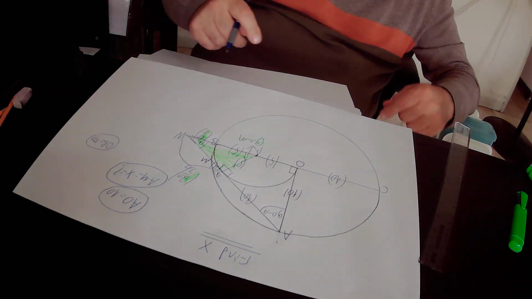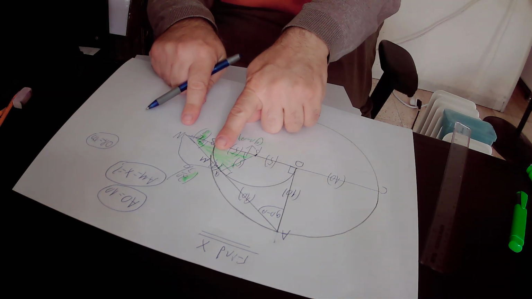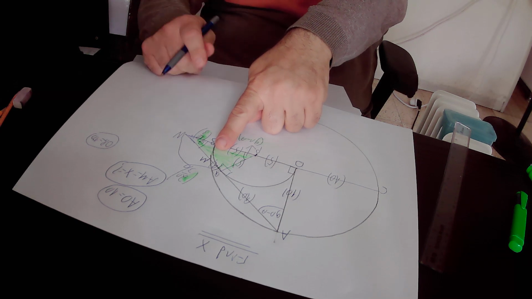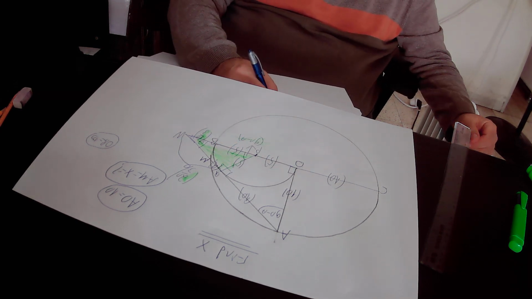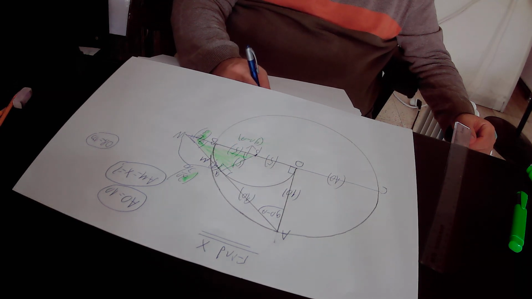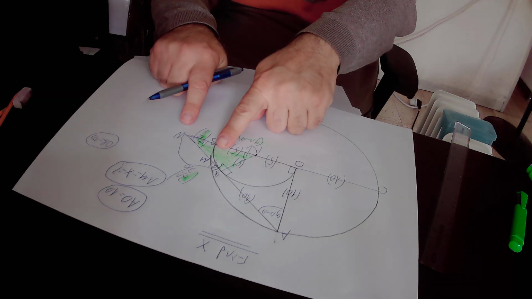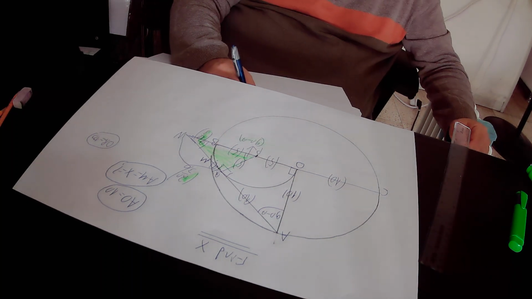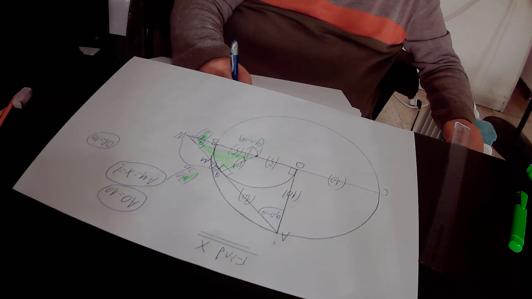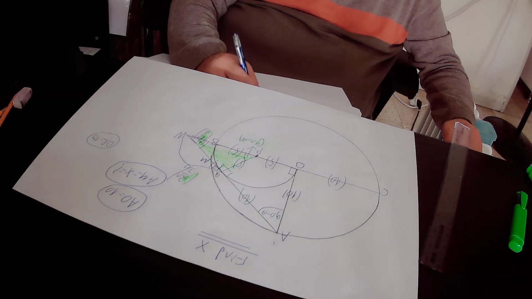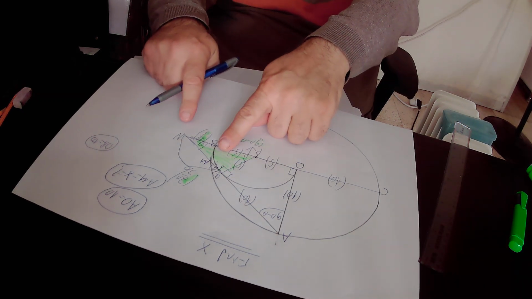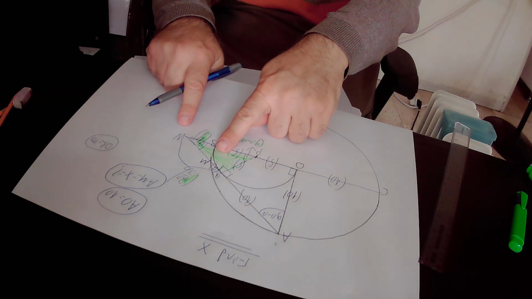So what is the length of line segment MN? From the drawing, it is very easy to see that MN equals QN minus QM.